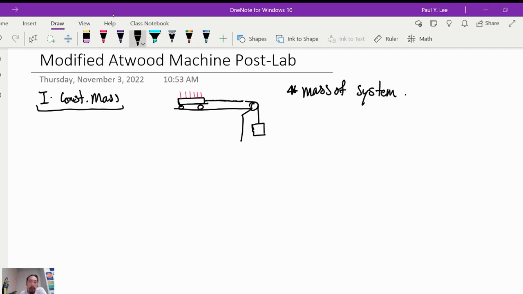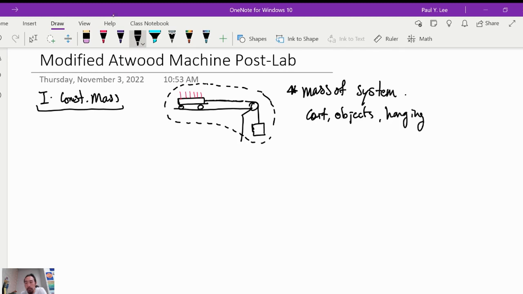So in this lab here, if I were to look at the system, and if I were to draw a dotted line around the system here, and I were to ask you, okay, what are all the things within this dotted circle that we are investigating? We would say, okay, so we have the cart, we have the objects on the cart, and we even have the hanging object.